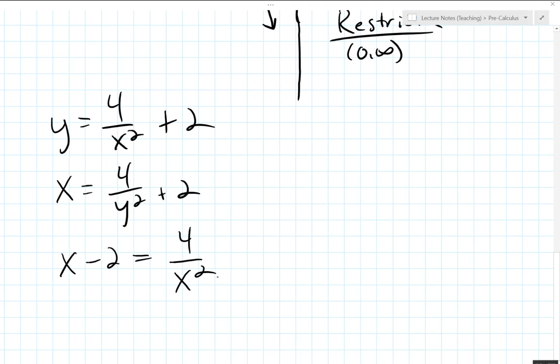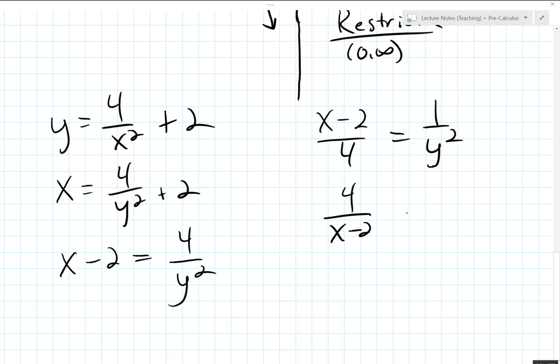I'm going to divide both sides by 4 to make my next step obvious. And when you have two fractions equal to each other, you can take the reciprocal of both sides. And then taking the square root of both sides, we get the square root of 4 over x minus 2 equal to plus or minus y.